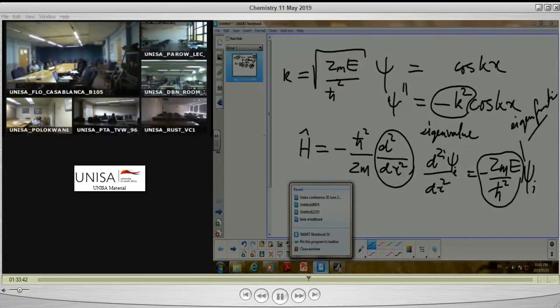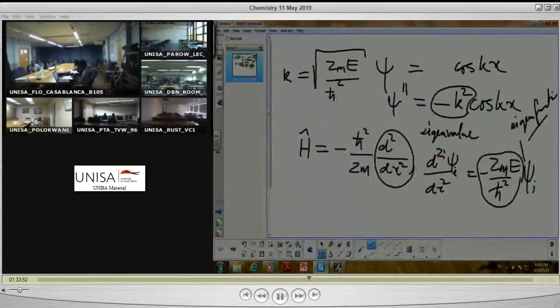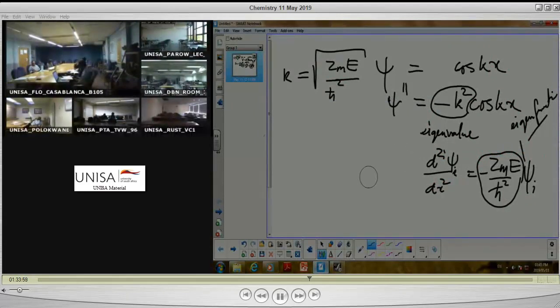So, what we are saying is that, well, the question is, e to the power minus i k x. That's the function we have, isn't it? So, there's a plus here. Let's move plus.